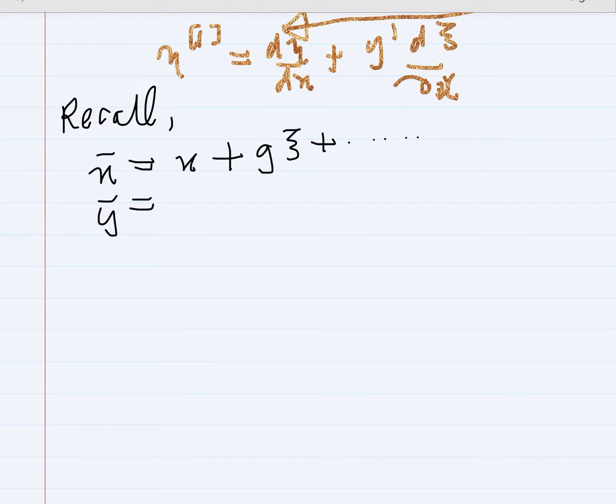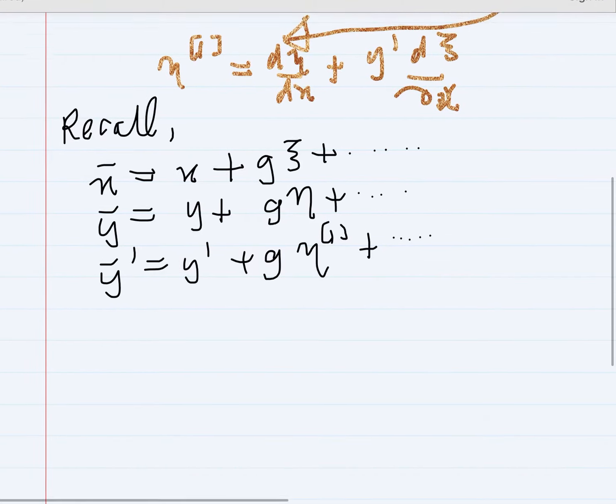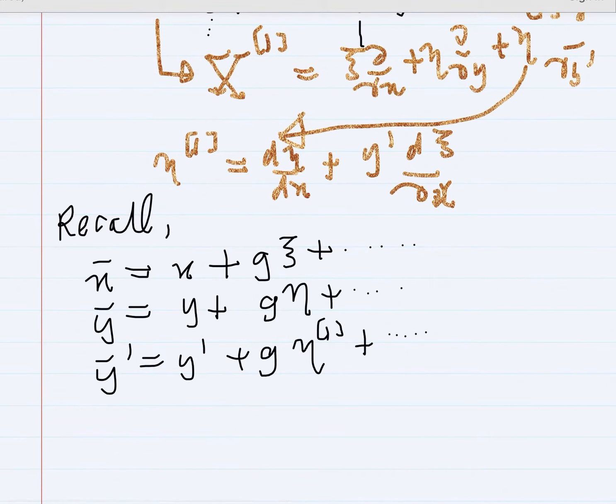Y bar was y plus g eta, and if we continued in this way, y bar dashed will be y dashed plus the parameter g times eta 1, etc. So the coefficient of g, the first order in the parameter, gave us in fact the coefficients in the vector field.